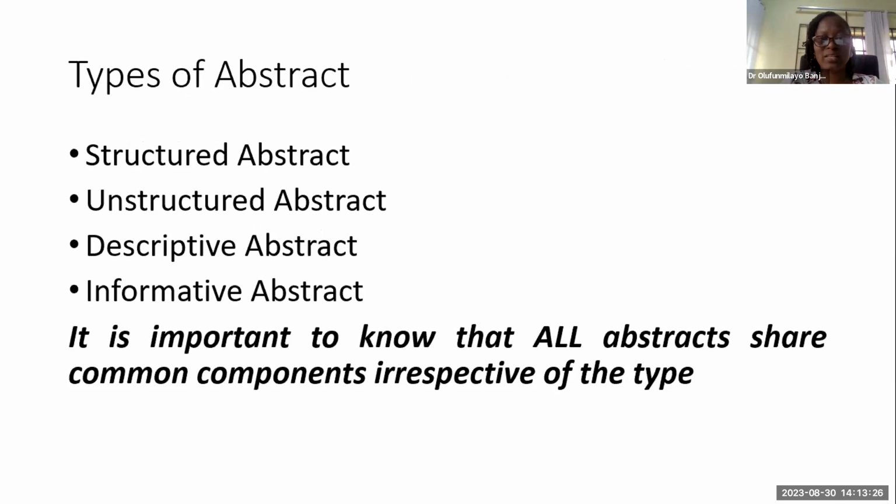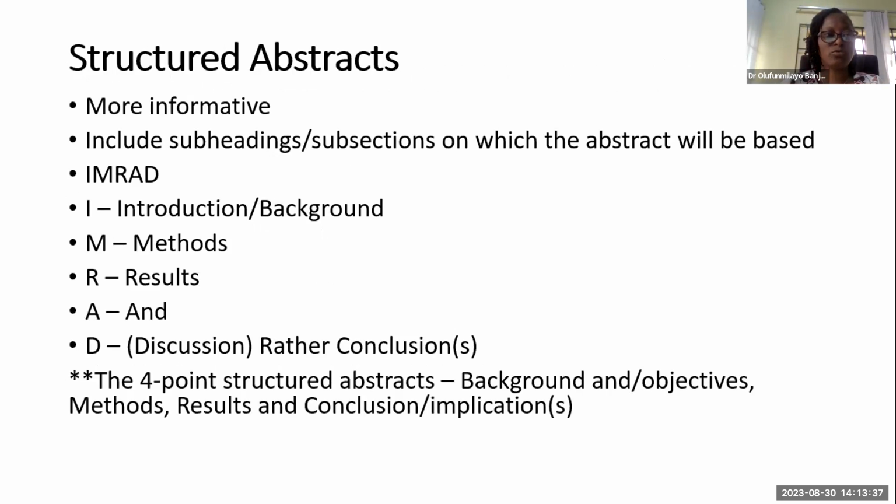It is important to know that all abstracts share common components, irrespective of the type. So don't forget, it only depends on how many words you have to say this. The structured abstract has a 4-point structure: the background or the objective, the method, the result, and the conclusion.